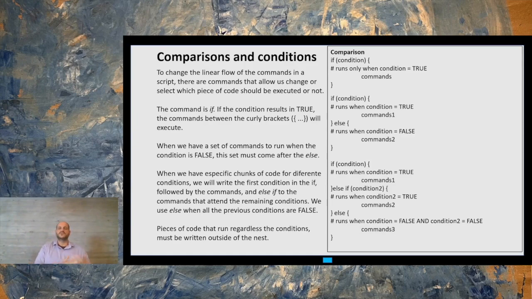And now, how do we solve many conditions? I have a similar structure, but I will need to build an else if. It means that the first condition didn't match, so I went to the else, which is when the previous condition is false, but then I want to check a different condition. So how will we do that? If, condition in parentheses, remember, results in either true or false.